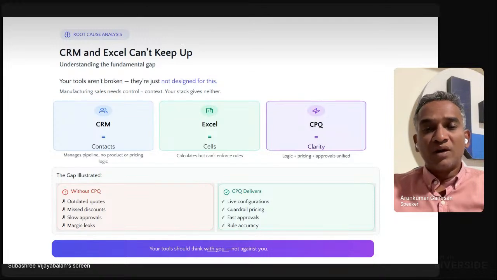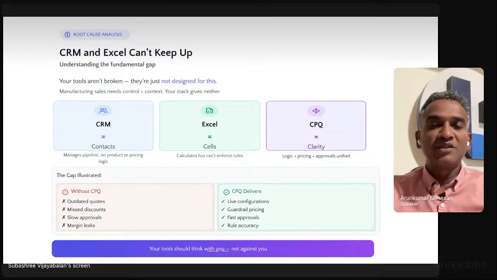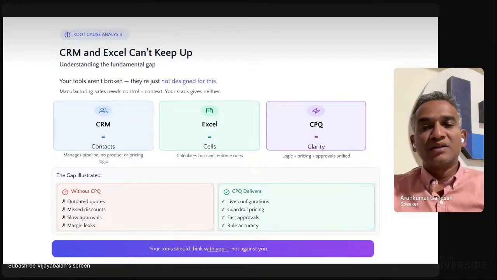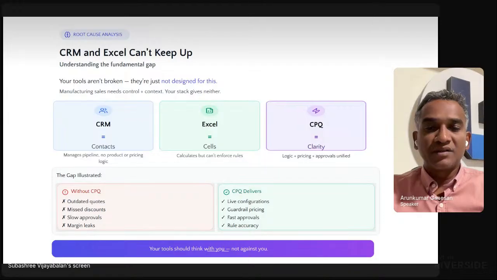But what does a CPQ do? I'll just introduce a term called CPQ, or configure price quote. We will understand what it is in the upcoming slides. But CPQ will have more rules, controls, and approval mechanisms, and it will also integrate the teams together.